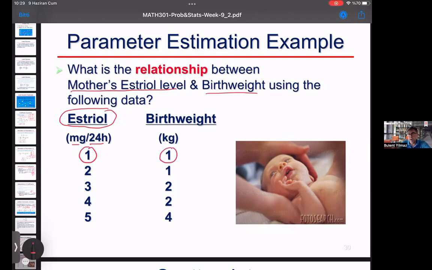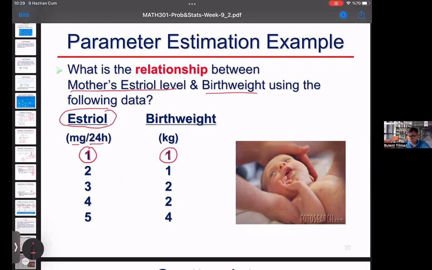Ahmet is asking, hocam, accuracy hakkında yorum yapmak için error üzerinden mi yorum yapmalıyız? Test train grubu için errorlar yakın mı olmalı? Rakamsal örnek verebilir misiniz? Accuracy is, for example, arkadaşlar, for example, I have 1 here and 1 birth weight.